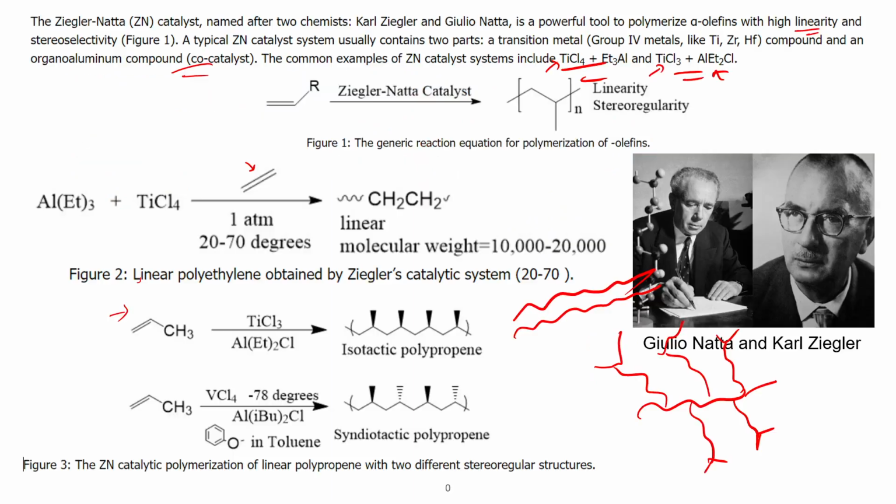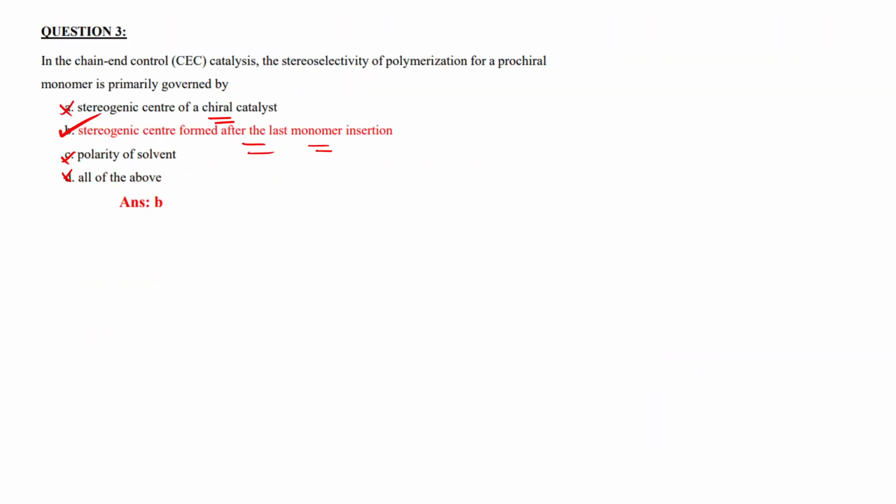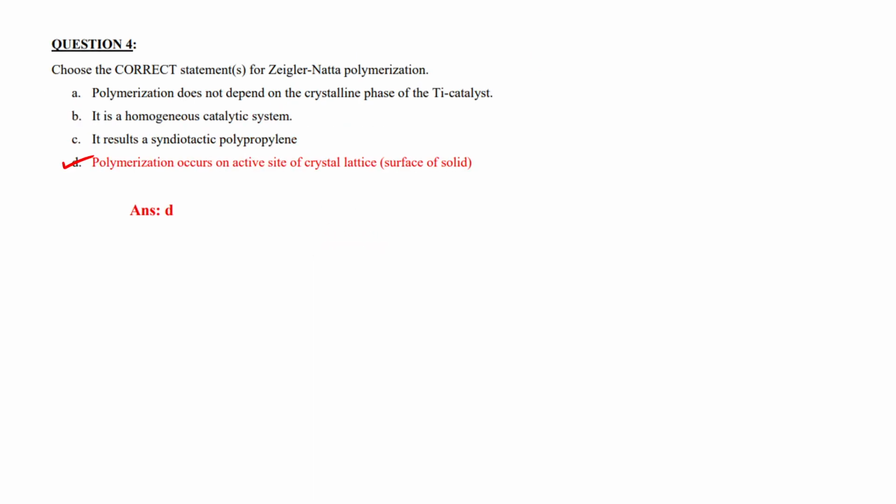When the first insertion happens, you can see you will be generating one chiral center over here. That's why this is called chain end control catalysis. At the end point where you have that prochiral center, after addition of this reagent, you are generating that chiral center.